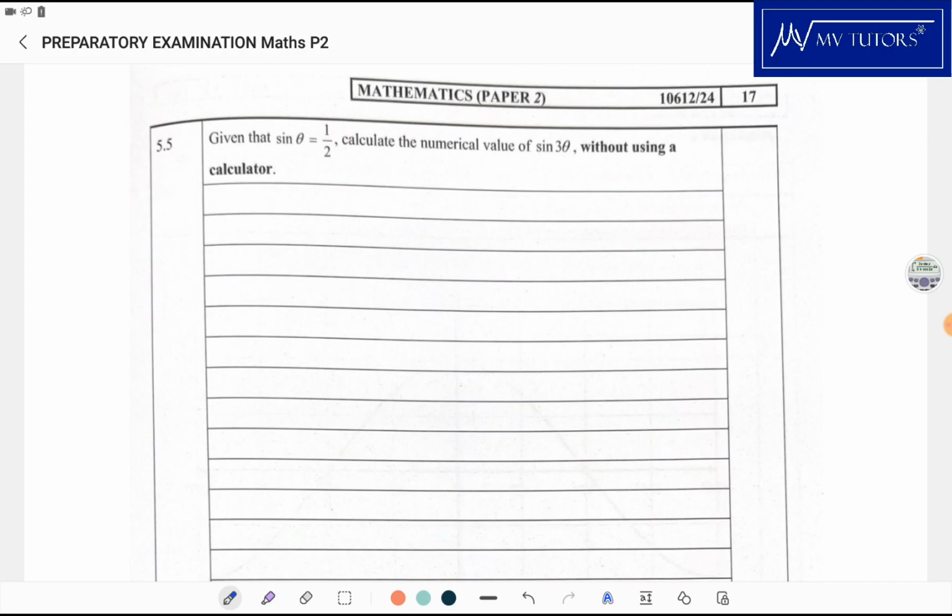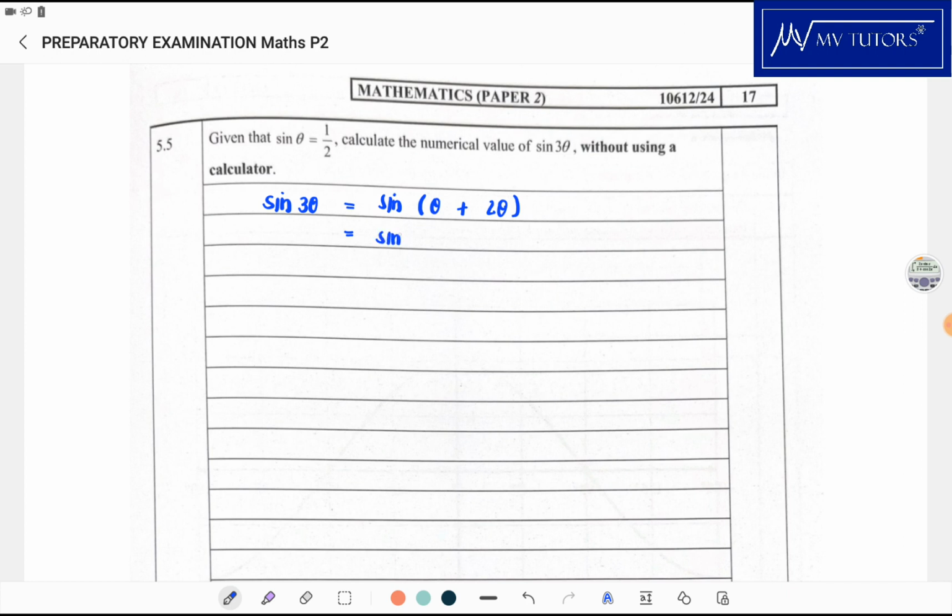So sine theta is a half, so you need to get to a point where we can break up the sine 3 theta. And I'm glad they said 3 theta, because if they said 4, there are many options available. So 3, I can break it up into 1 plus 2, and then from there we're going to use the compound formula.